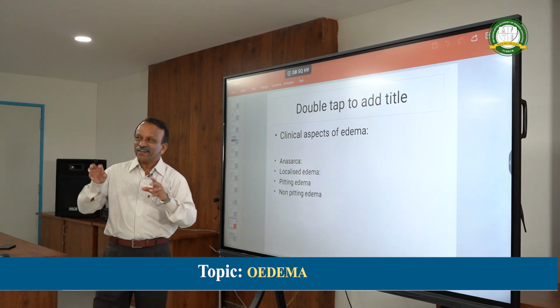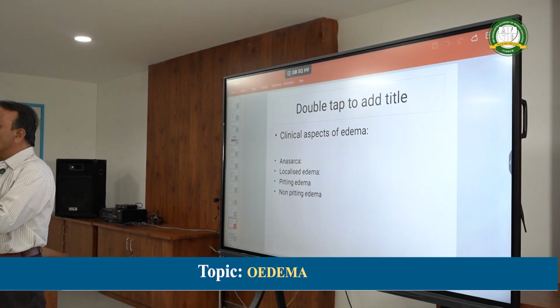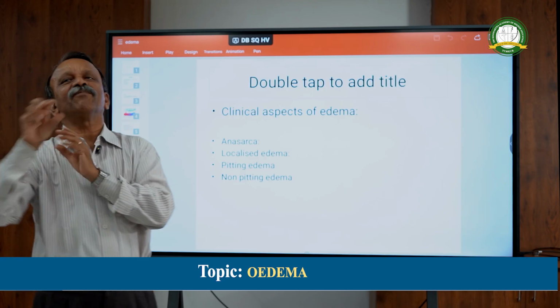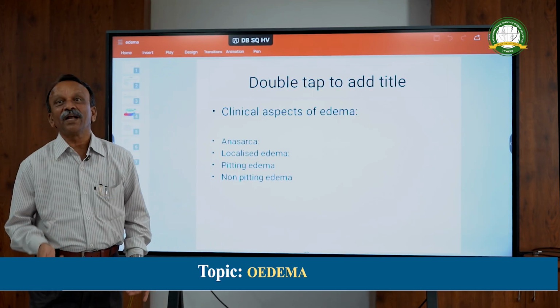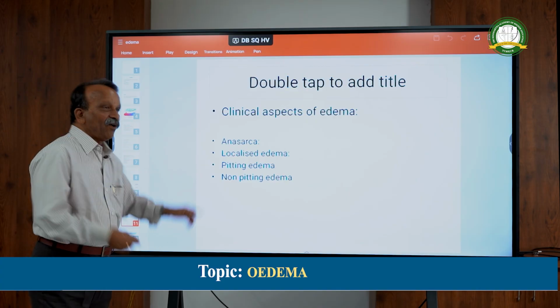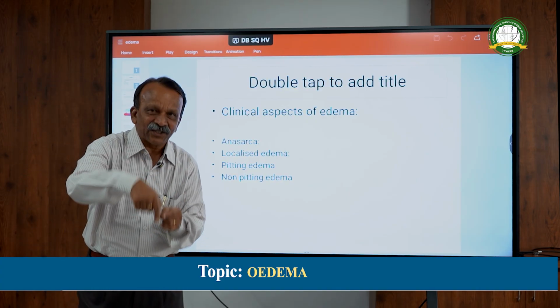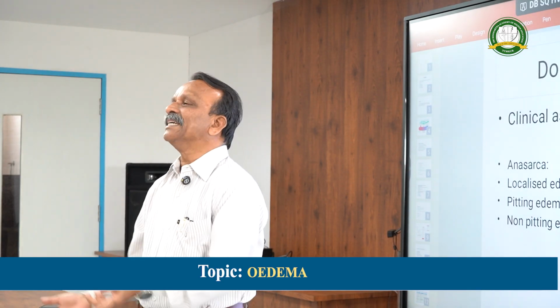If it is confined to a local region, for example, in case of localized inflammation resulting in edema specific to a particular site, that is called localized edema. Then if you apply pressure over the edematous area, due to the pressure, there is a pitting, that is called pitting edema.